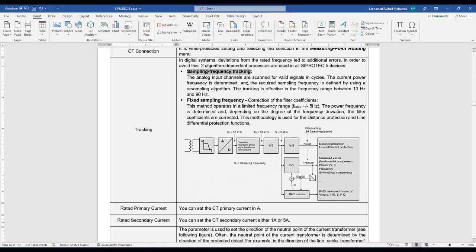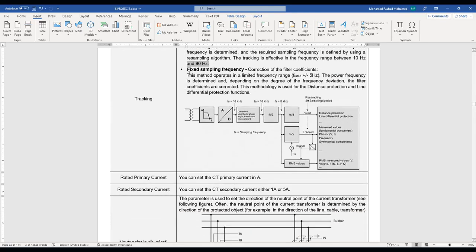What I'm going to say applies to the current, as I told you, and also to the voltage. And then it checks if you have it or not. Okay, so it determines your current value. Based on that, it calculates how often it should start taking samples through something called a resampling algorithm. This is effective for you as long as the frequency range is between 10 to 90 hertz.